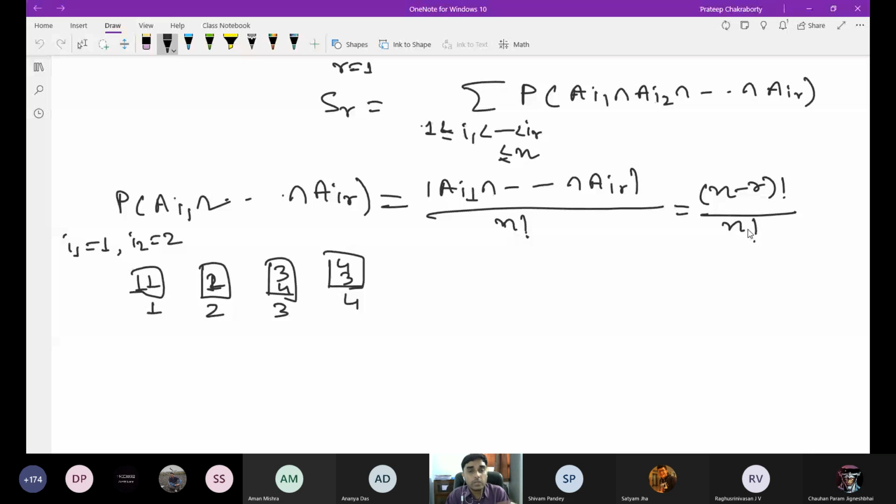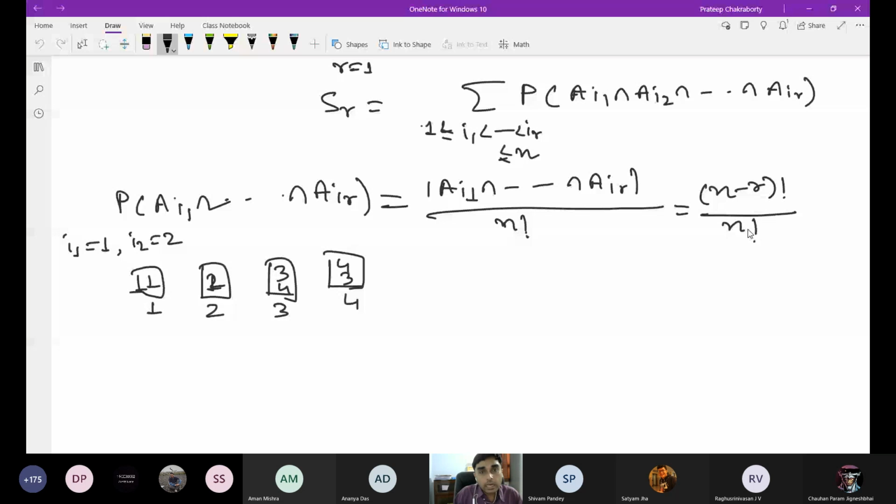You can put in any order. First put the 3. Yeah, sorry, order matters. Once you put 3, then you cannot put the third letter in some other envelope. So it is n minus r factorial. Is it okay?